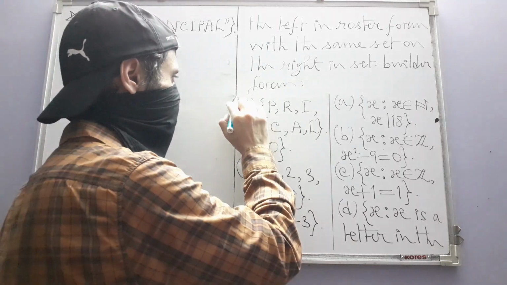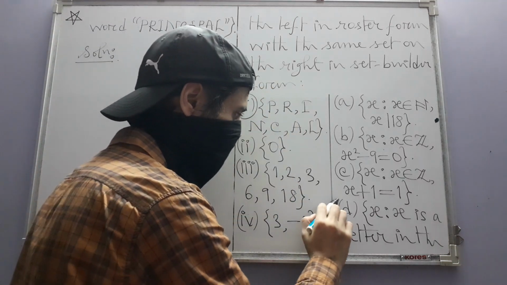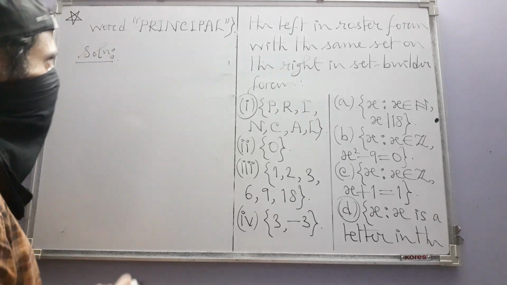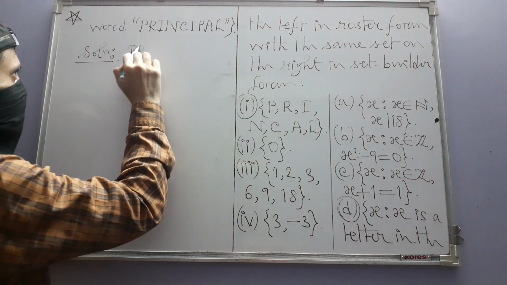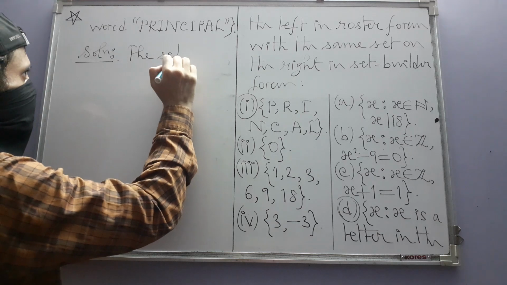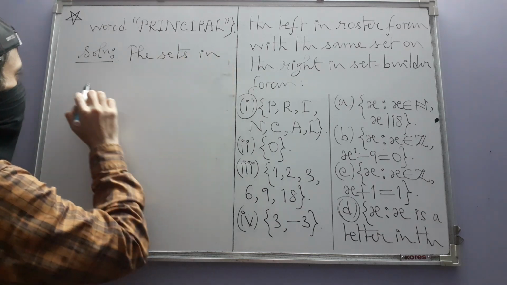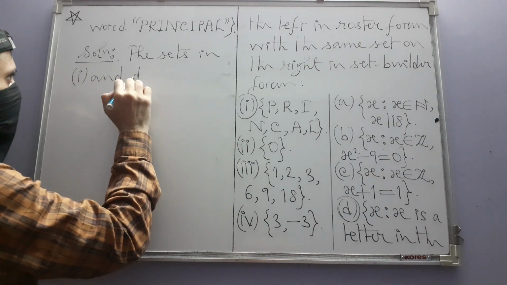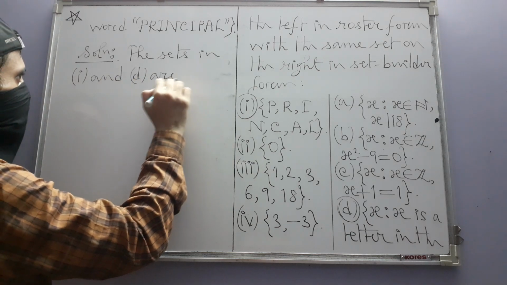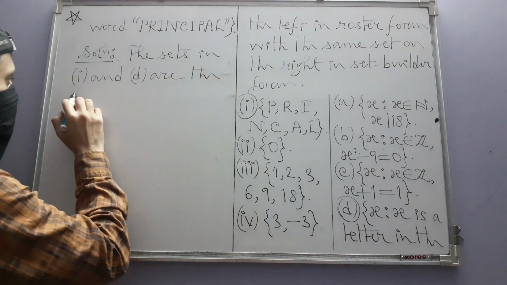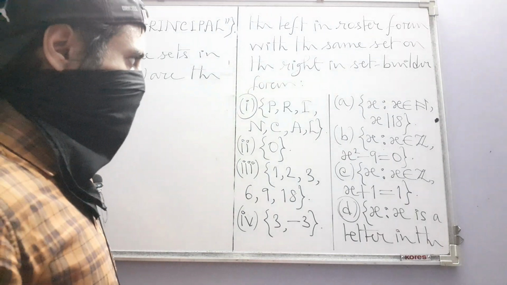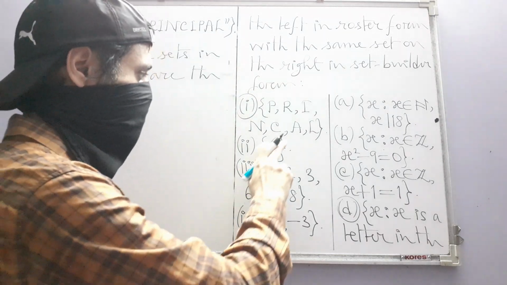For example, 1 is the same set as the one in D. Okay, so the sets in 1 and D are the same, but let's verify also.